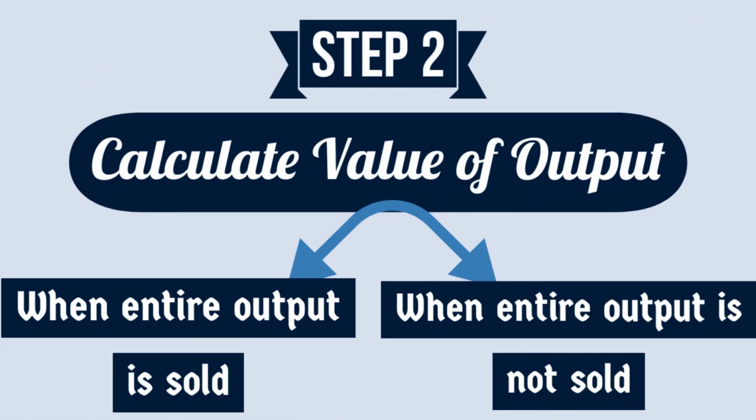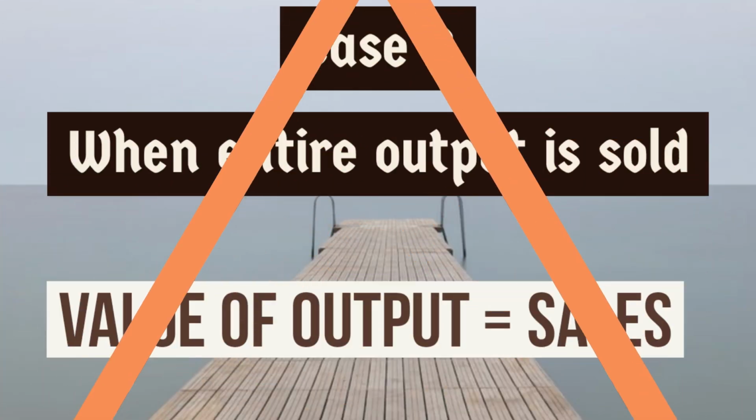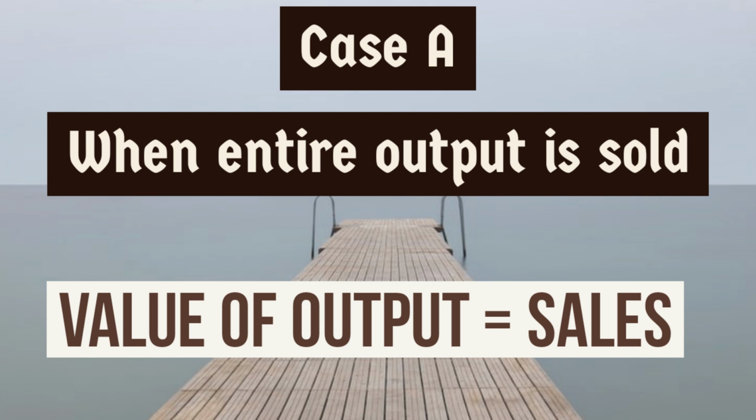In the step 2, we need to calculate the value of output, and when we are calculating the value of output, we are confronted with two cases. The first case is when entire output is sold, and the second case is when entire output is not sold. If the entire output is sold, value of output will be equal to sales.